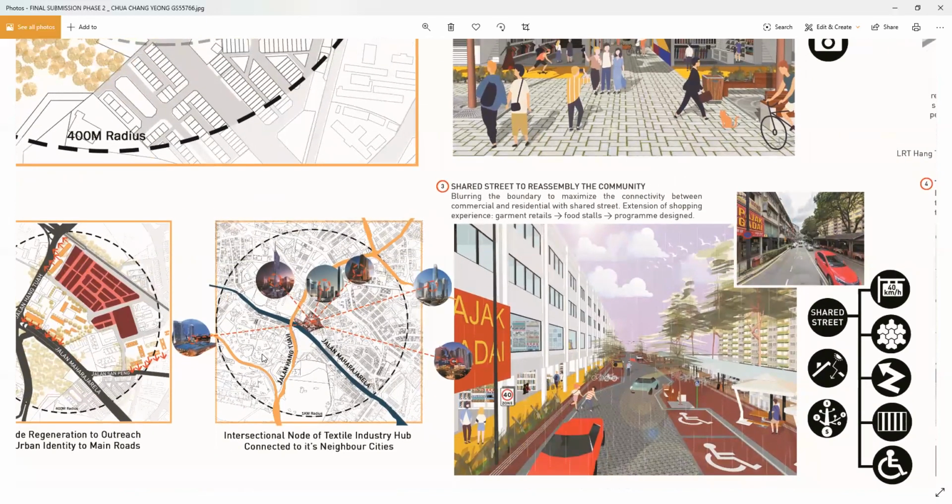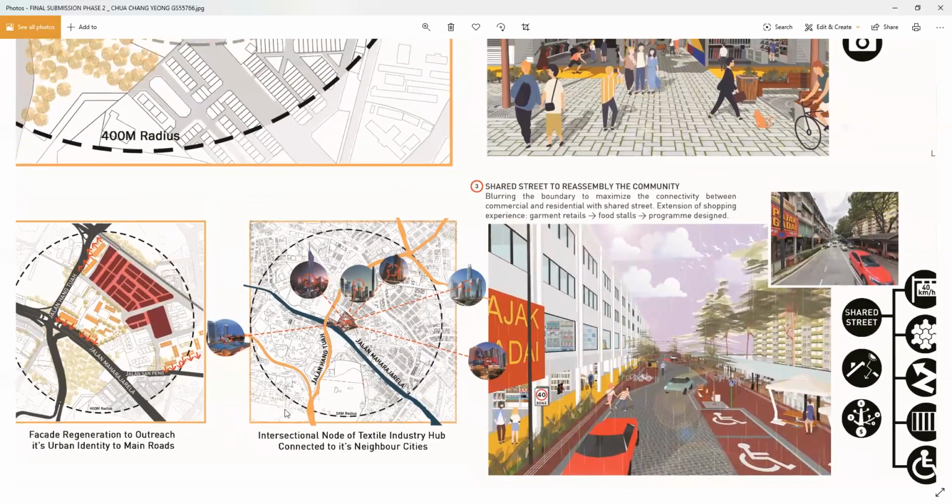So the site in the big picture is an intersectional node of the textile industry hub of Jalan Hang Tuah and Jalan Maharaja Rela, which connect to other cities.